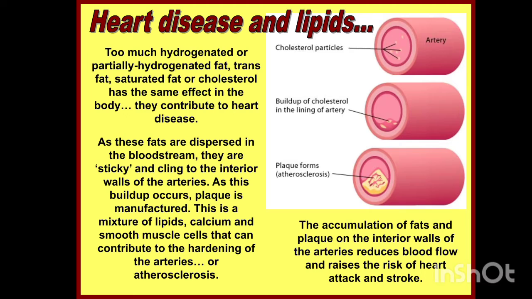This is a mixture of lipid, calcium, and smooth muscle cells that can contribute to the hardening of the arteries, or atherosclerosis. The accumulation of fat and plaque on the interior walls of arteries reduces blood flow and raises the risk of heart attack and strokes.